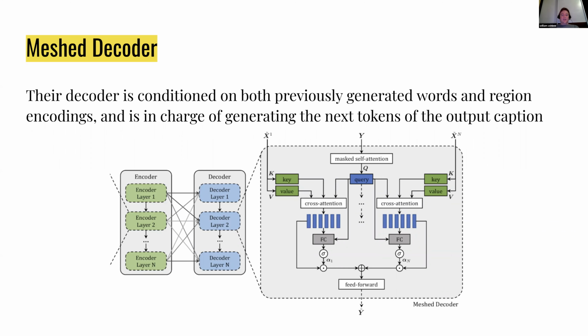The decoder, I find this part of the image to be not particularly helpful, but the x1 to x tilde 1 to x tilde n is basically the output of the encoder heads.